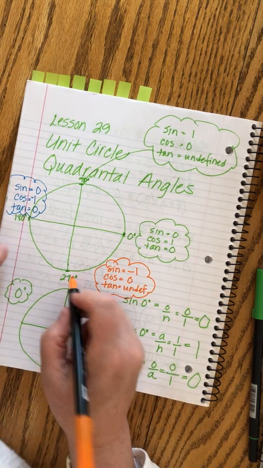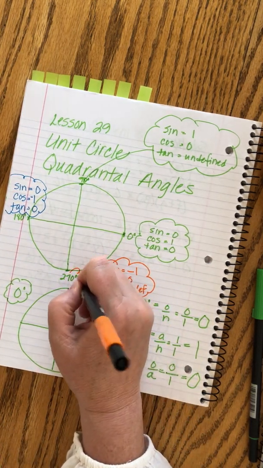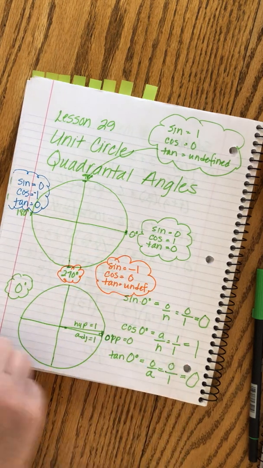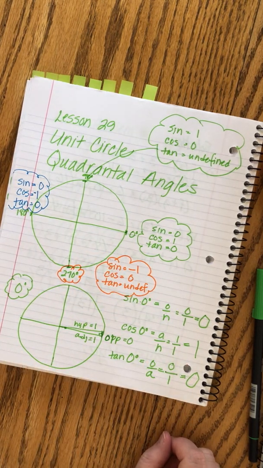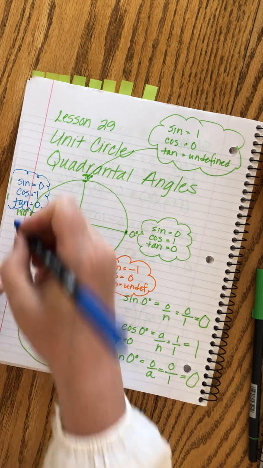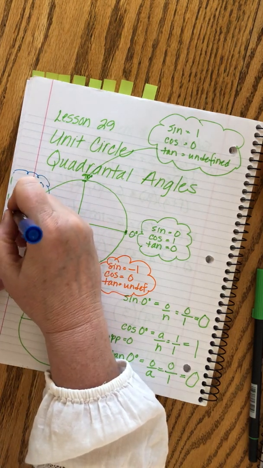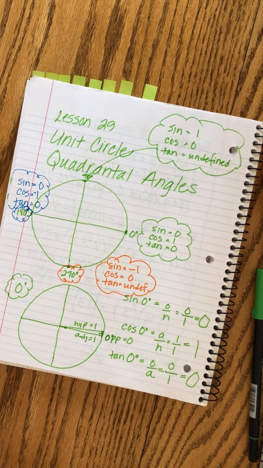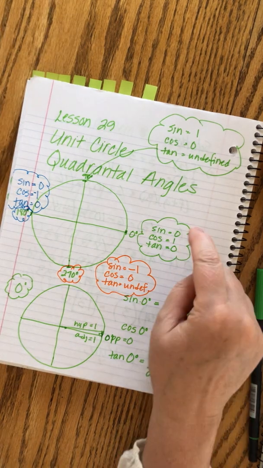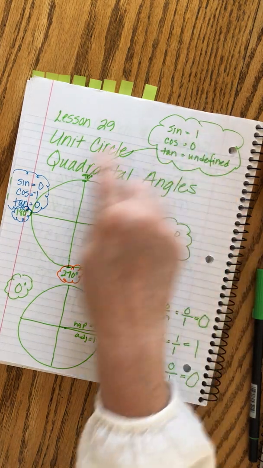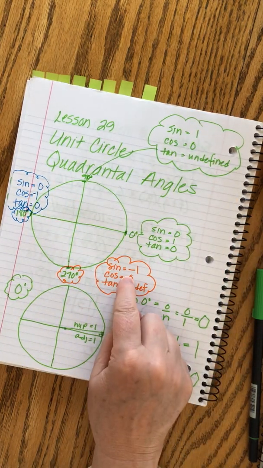Right, so that's at 270. 270s are in orange, and the 180s are in blue, just to help you see the colors. So look at the pattern that's happening here. Sine goes from 0 to 1 to 0 to -1.